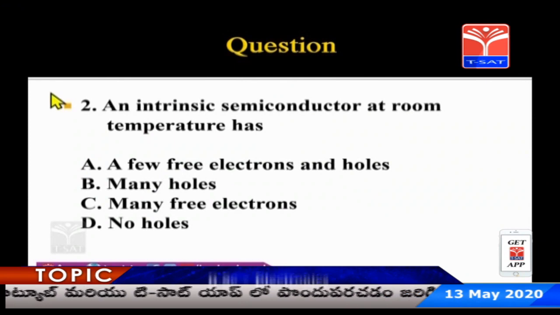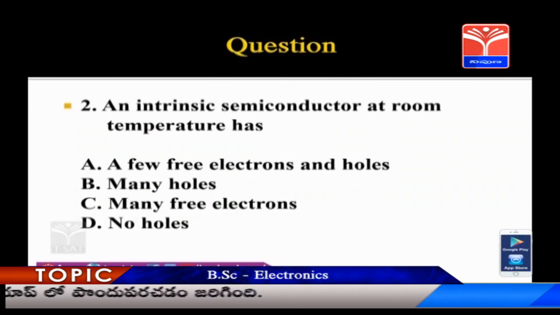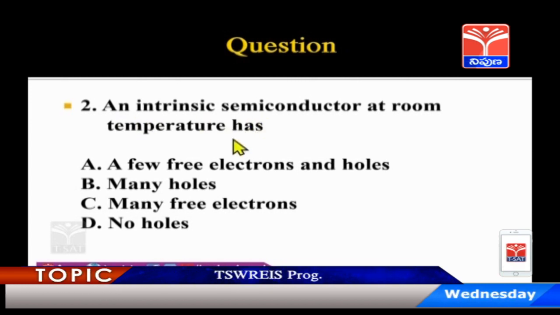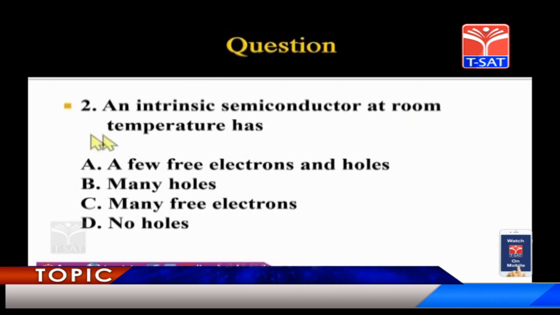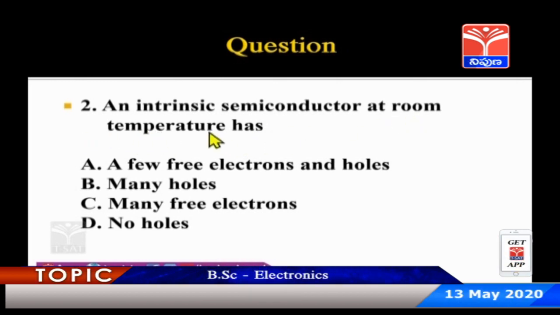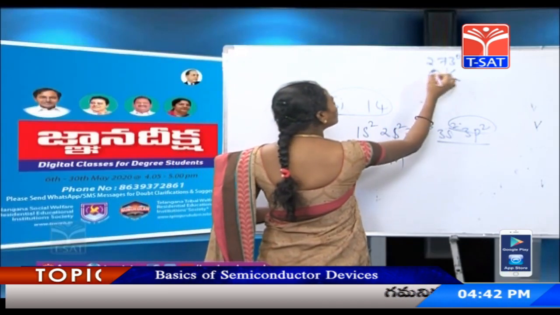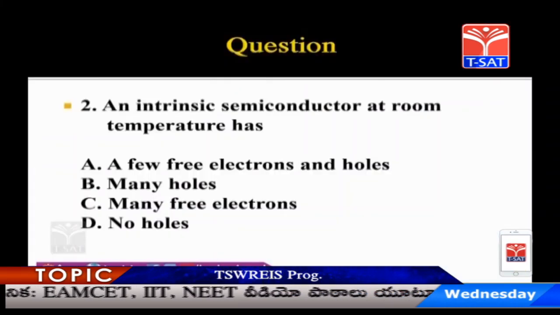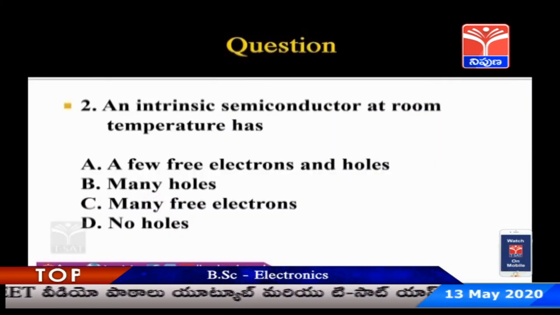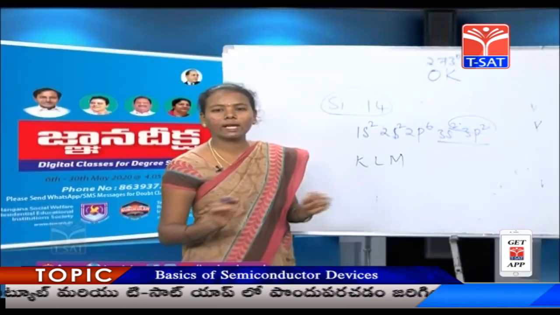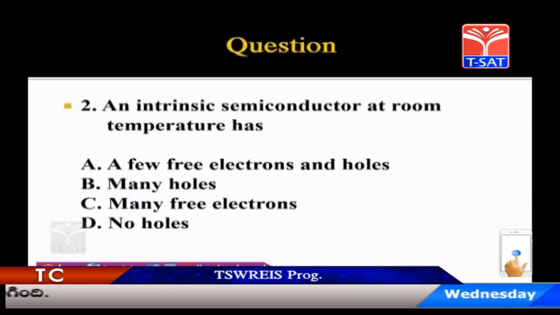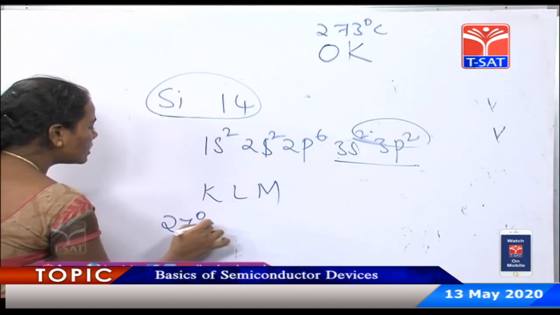An intrinsic semiconductor at room temperature has... Intrinsic means a pure semiconductor. We have discussed that at absolute zero temperature there are no free electrons and holes in the semiconductor. But in the question they have asked about room temperature, which is about 27 degrees centigrade.